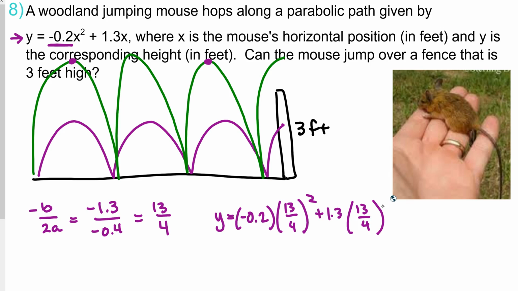I'm not really that concerned about keeping it all exact with fractions. I just need to know whether or not it's more than 3. So I'm going to approximate it, and it turns out to be about 2.1. So what's our answer? Can the mouse jump over the fence? No, the mouse cannot.